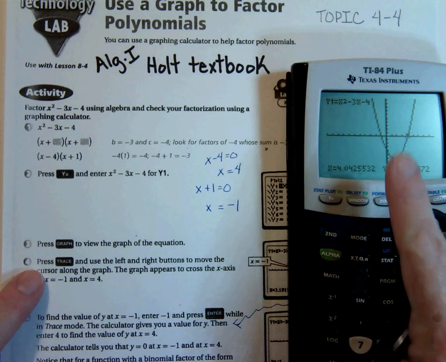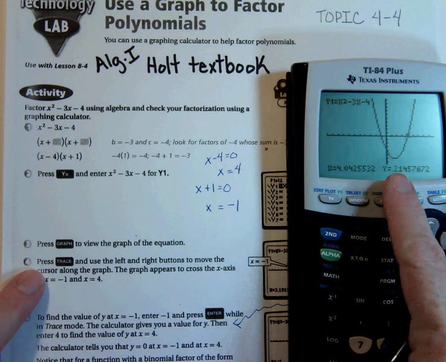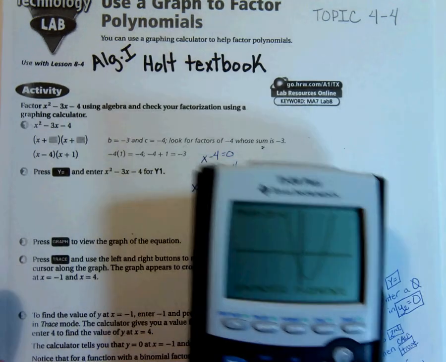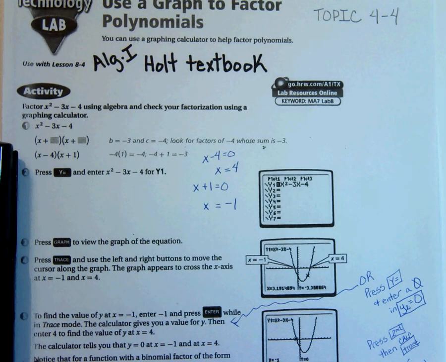Okay, another way to get the very exact answer: we used the trace button just to trace over to it, but you can read through these steps and they'll show you that by hitting the enter button, it draws it again, but it'll actually put the cursor directly on it.